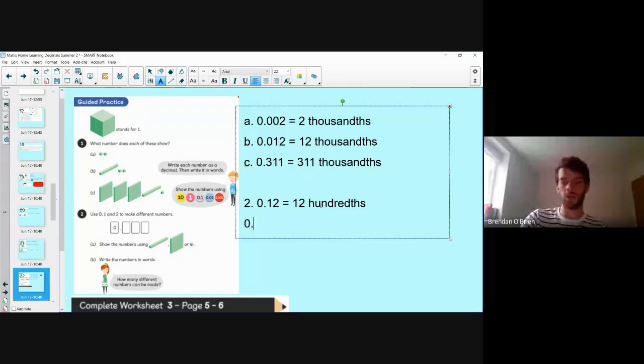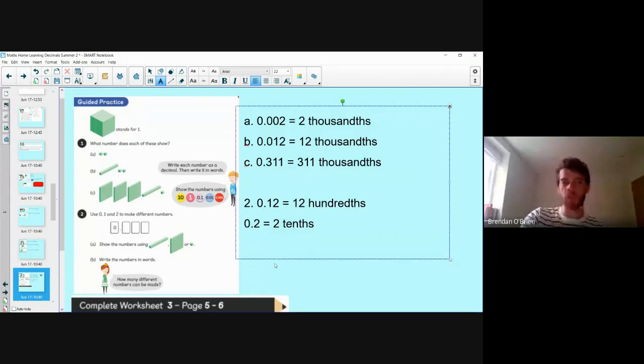I could also have 0.012. Oh, I've got that one already there. I could also have, for example, 0.2. And that would mean that I only had 2 of the large flat blocks. And that would be written as 2 tenths.